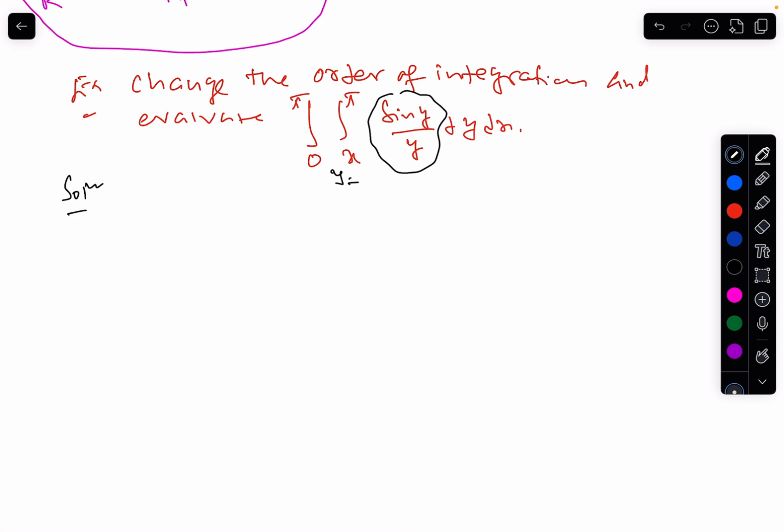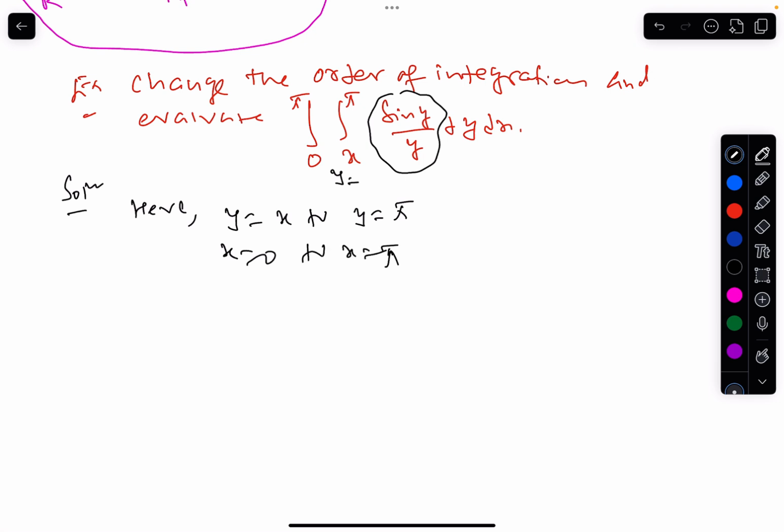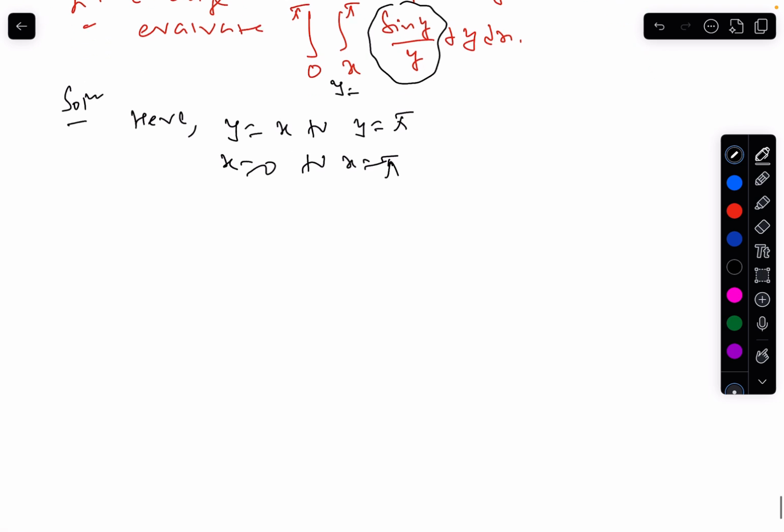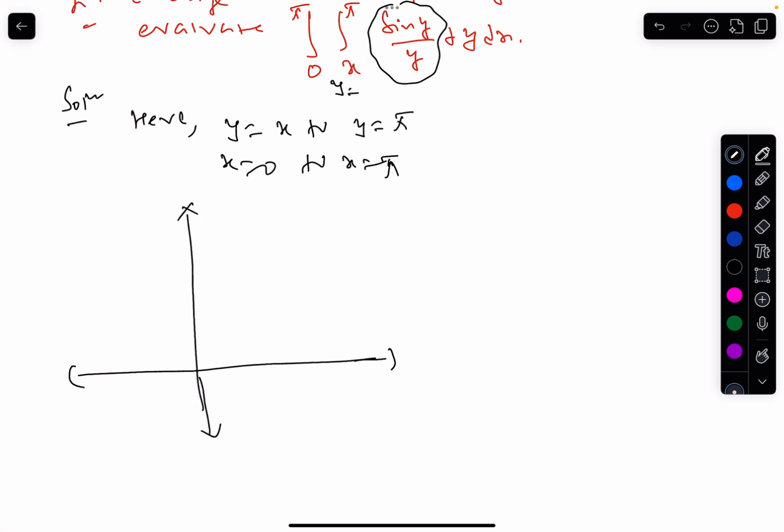So now to change the order of integration, first we need to draw the region of integration. So here y equal to x to y equal to pi and x is 0 to x equal to pi. So let us draw the region. So here we have y equal to x line. So this is the y equal to x line.